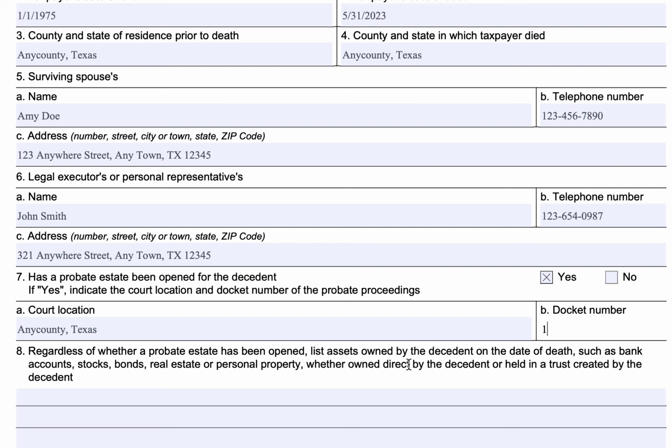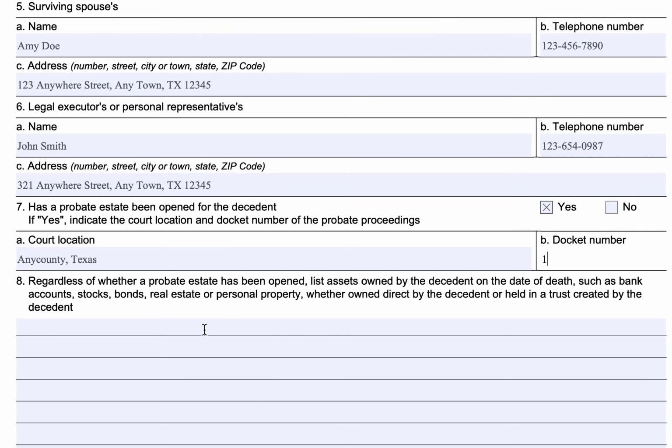So that way, if the decedent owed back taxes, then the IRS may choose to file a claim against the decedent's estate, meaning that before assets were distributed to beneficiaries, any debtors would have to be paid off from the assets of the decedent's estate. And so you would list out assets that were owned by the decedent on the date that he died.